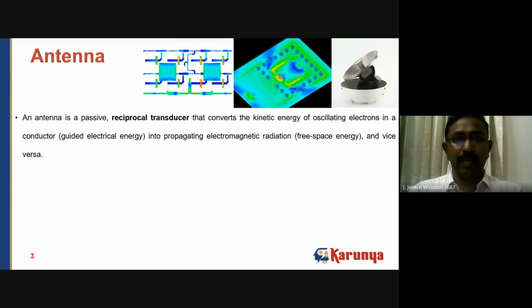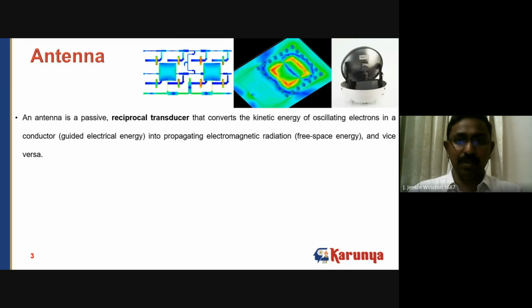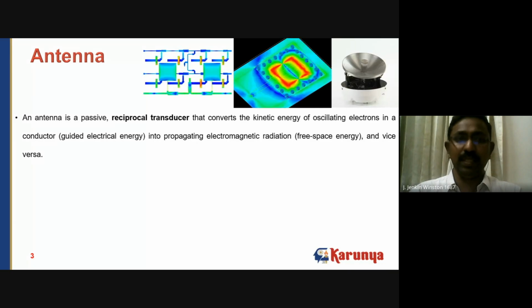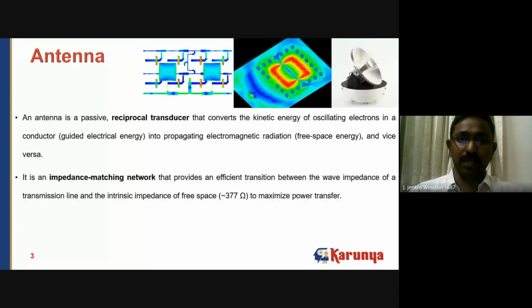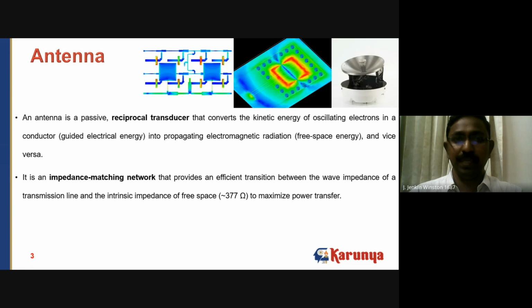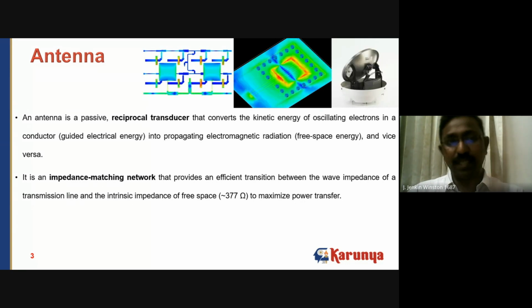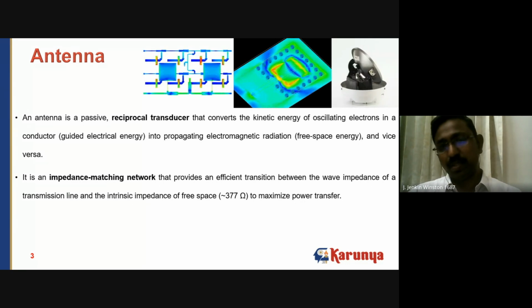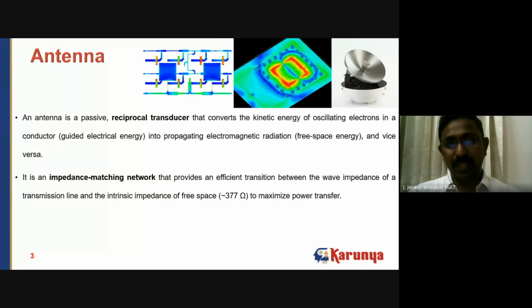As you know, antenna is a form of a transducer capable of translating one form of energy into the other. So the guided electrical energy gets into free space, and vice versa. It can also be thought about as an impedance matching network between the transmission line and the free space.